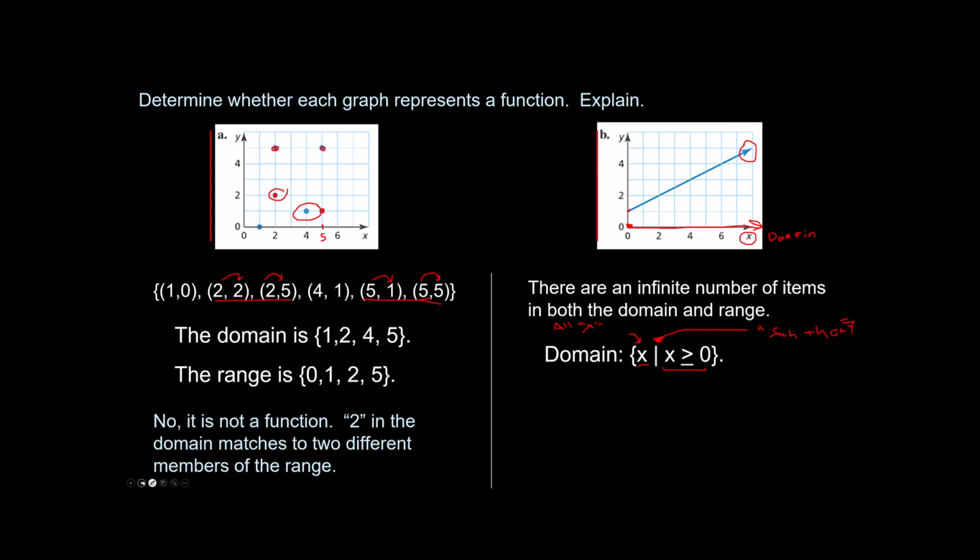Well, what about our range? The range is our y value, or our output value. That's this right here. I'm going to list this as the range. If I want to know what the range is, what I'm asking is, what values along the y-axis get touched by this graph?